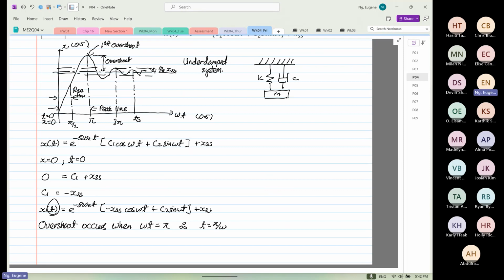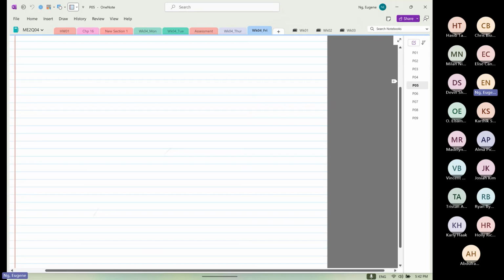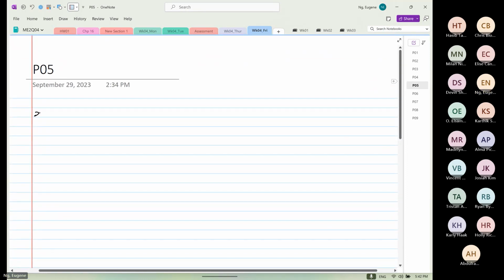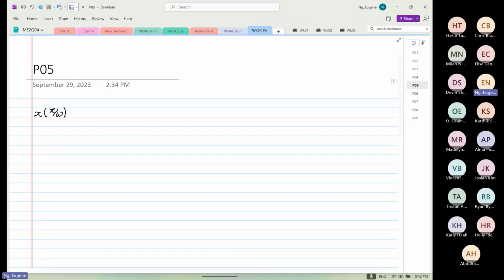So from here, you can write out x as a function of pi over omega.